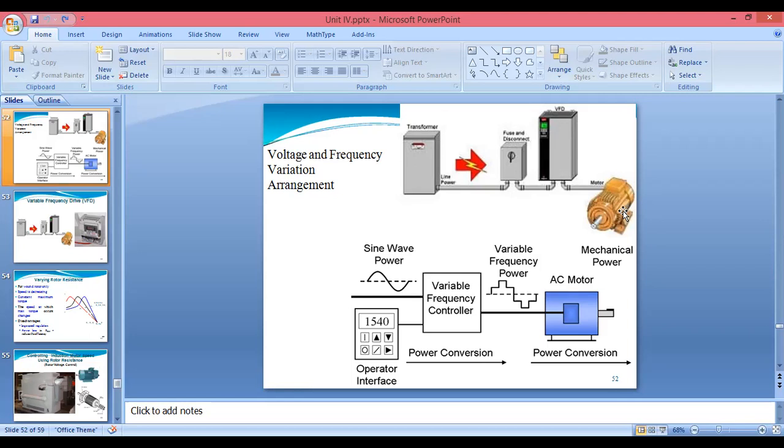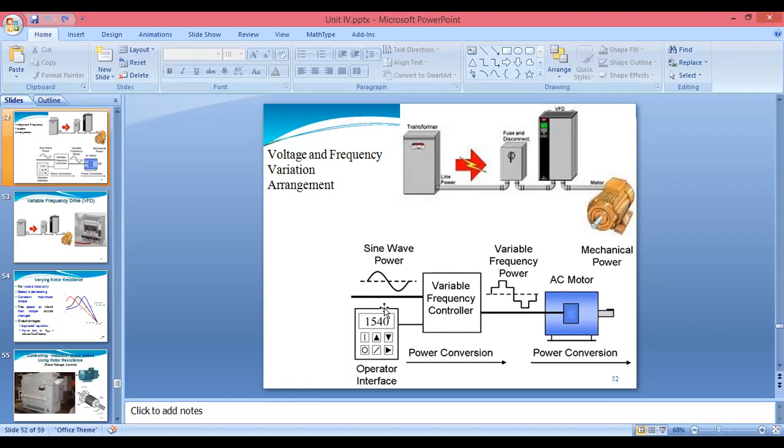At that time, when we are supposed to make a change in the speed of the three-phase induction motor, we are supposed to change the voltage, and that will be a higher change. So we can say when we are giving the power supply and the frequency controller to the three-phase induction motor, the AC motor is nothing but the three-phase induction motor.